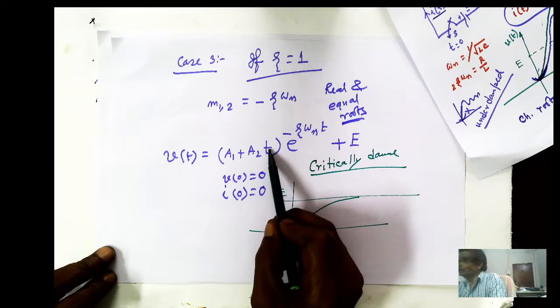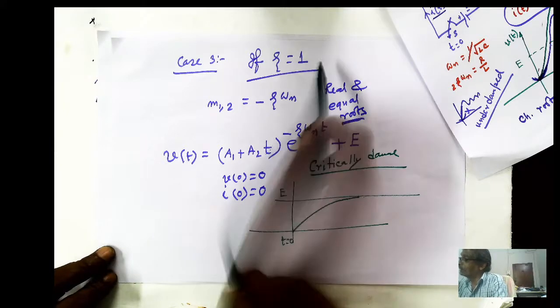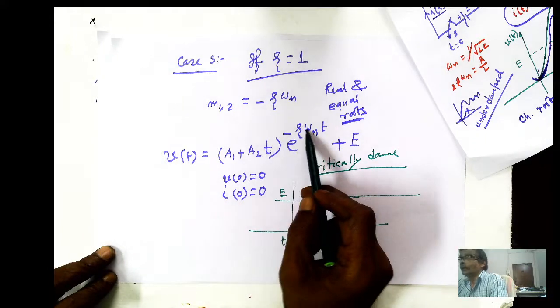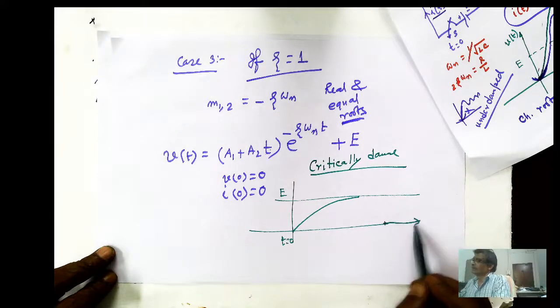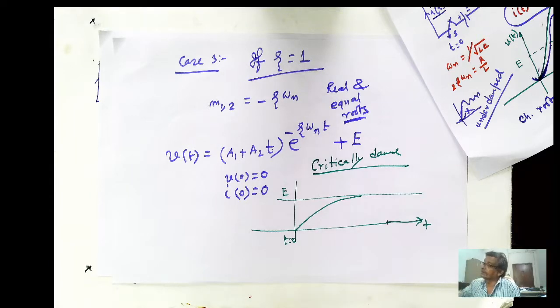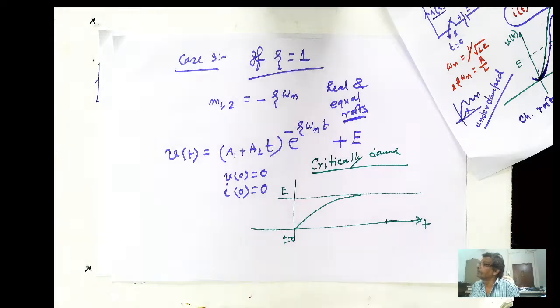As t grows, this goes on increasing linearly. But this is multiplied by e to the power minus zeta omega n t, which pulls it back down to 0 as t goes to infinity. So it will be more or less like this. You can sketch this function as well under this condition.